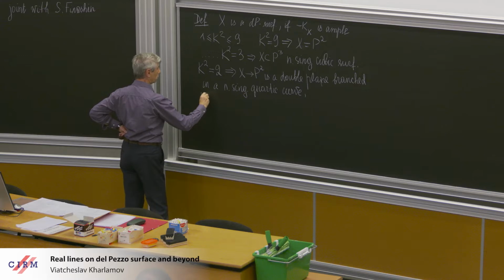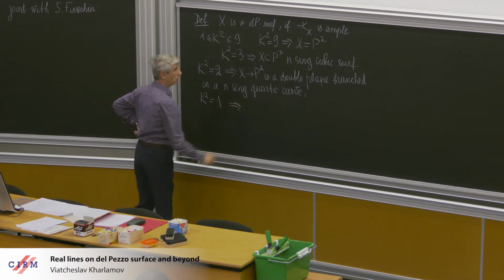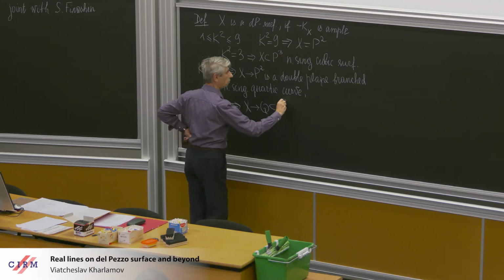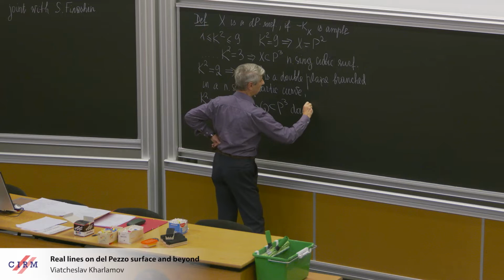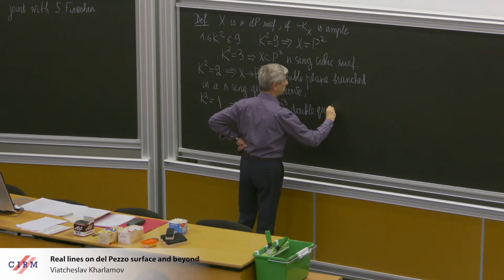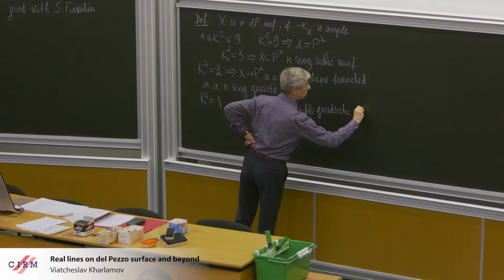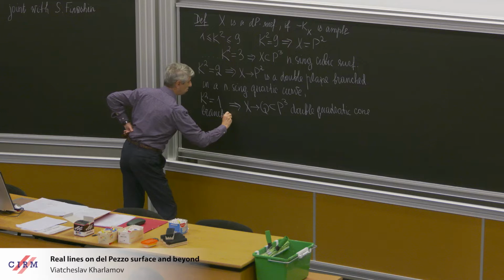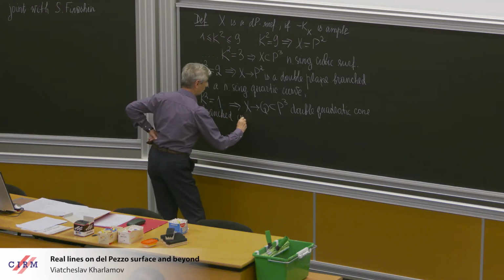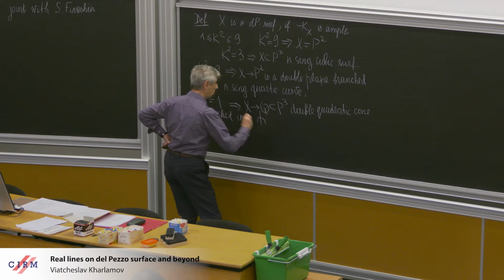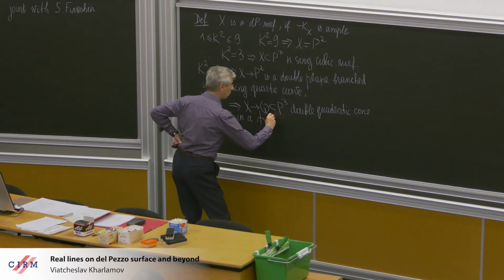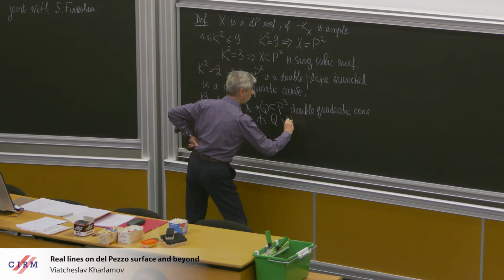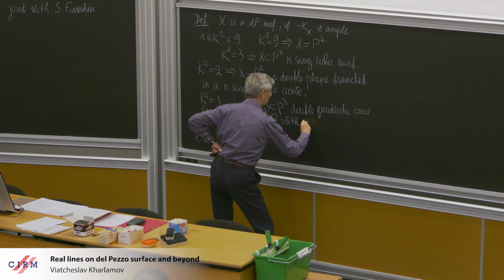And finally, if K-square is equal to 1, it's a double quadratic cone, branched in a transversal intersection of Q with a cubic surface.